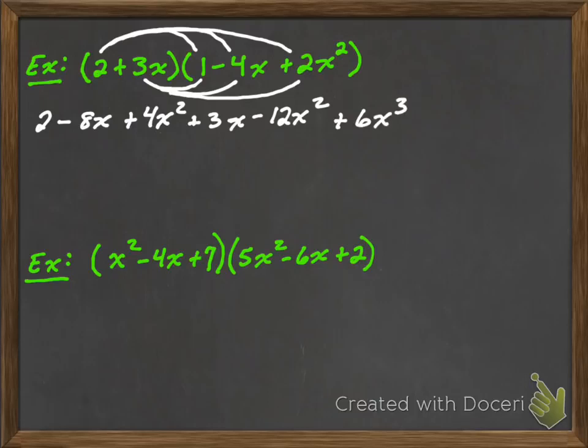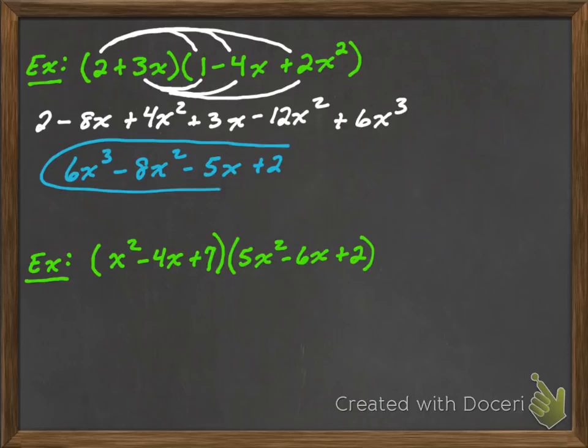Now put everything in order, starting with your 6x cubed is your largest term. We have a 4x squared and a negative 12x squared, which is negative 8x squared. Plus 3x and minus 8x will give us minus 5x. And then we have a constant of 2 on the end.